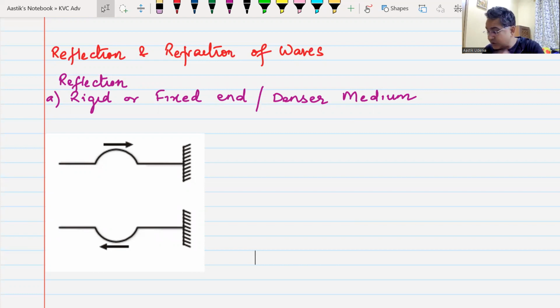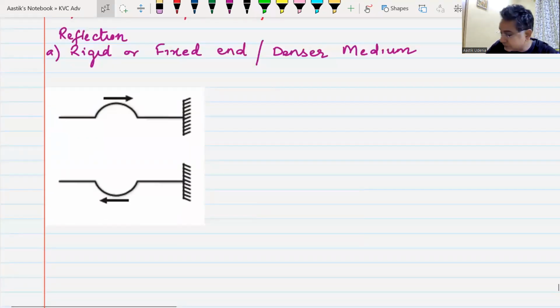Yes, sir. Now what you see here is, if you have a crest going onto that fixed end, it will be reflected back as a trough. Do we understand this? A crest is getting reflected as a trough. So basically it is undergoing a phase change of pi.